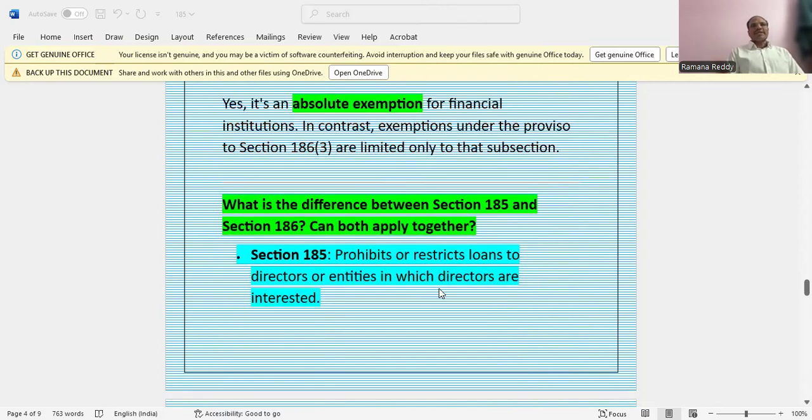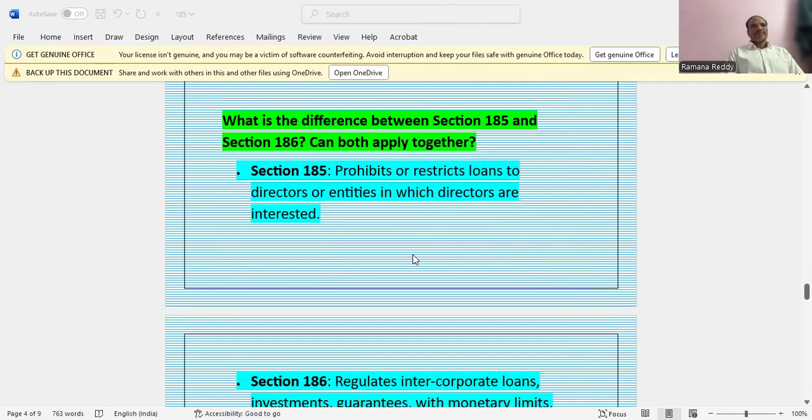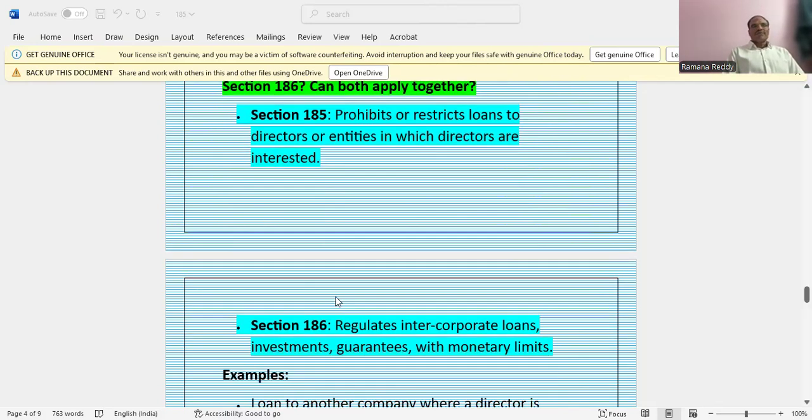What is the difference between 185 and 186? Can both sections apply together? Section 185 prohibits or restricts loans to directors or entities in which directors are interested. Whereas Section 186 regulates intercorporate loans, investments, and guarantees with monetary limits.